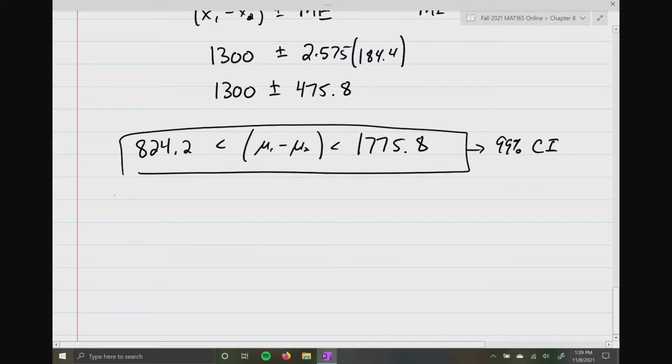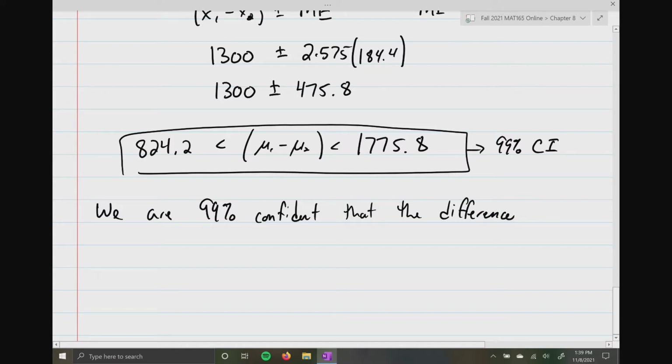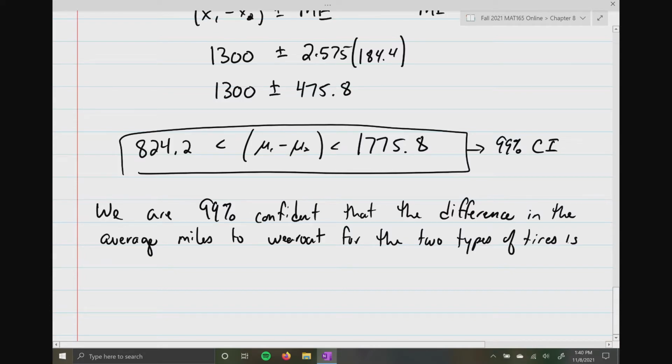We could just say that we are 99% confident that the difference in the average miles to wear out for the two types of tires is estimated to lie between 824.2 miles and 1,775.8. All right.